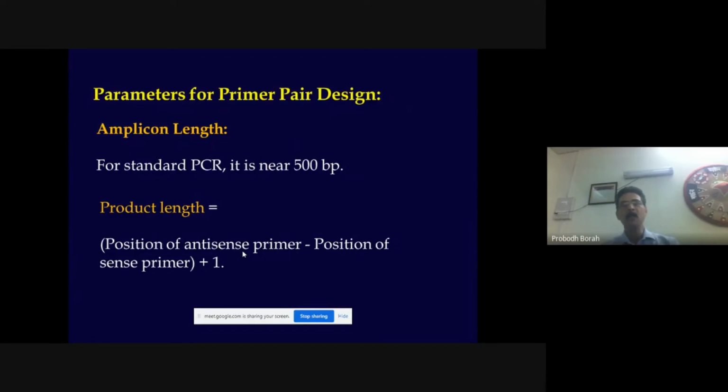Because normally in conventional PCR, we use a DNA polymerase derived from Thermus aquaticus, what we call as Taq polymerase. All polymerases have got a limitation in terms of one property, what is called 5' to 3' proofreading capacity or fidelity. Or it is also called 5' to 3' exonuclease activity.